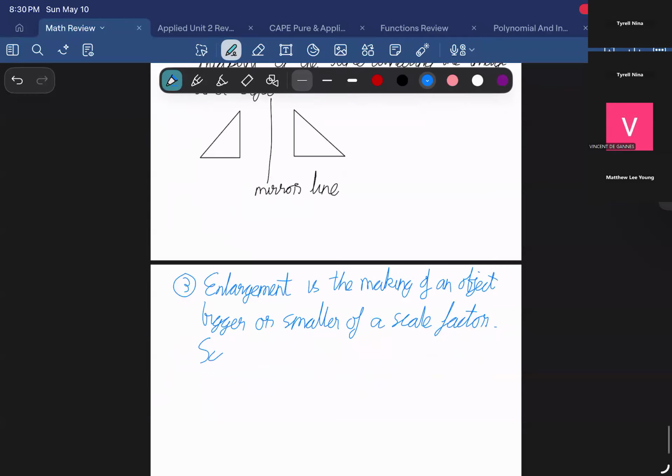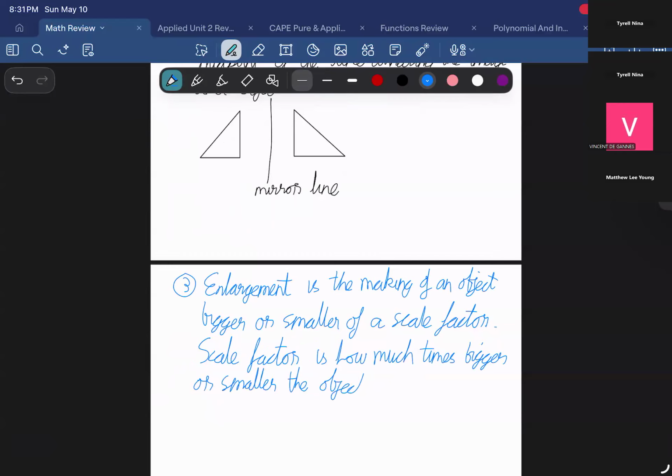So the scale factor is how many times bigger or smaller the object is.